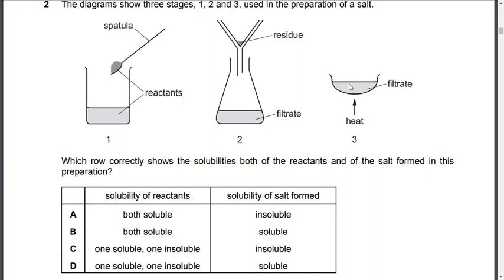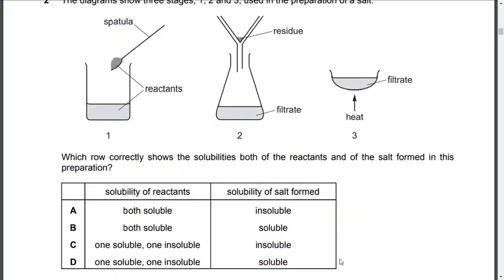A salt is left behind which was soluble, that is why the salt formed is soluble. So the last option is going to be the right option. So the answer is D.